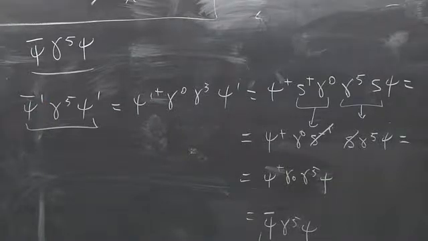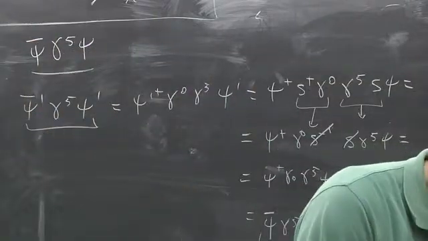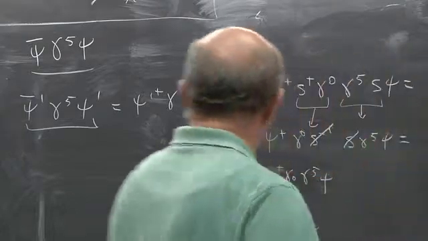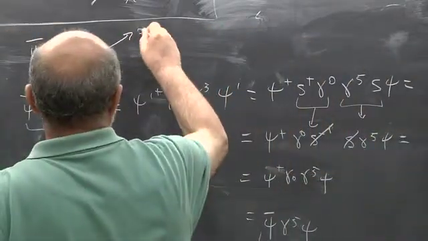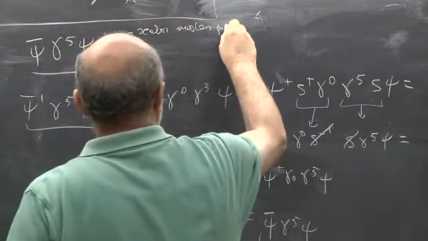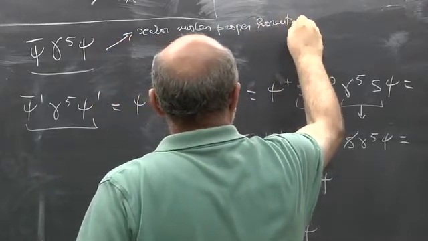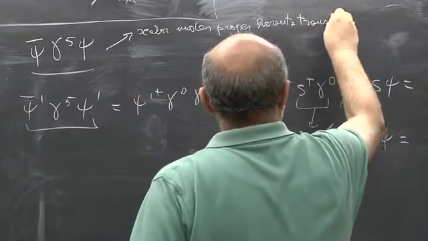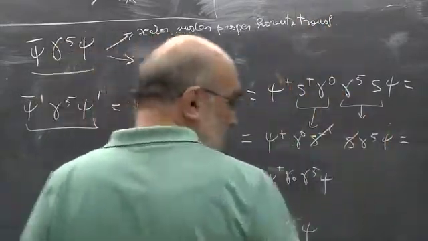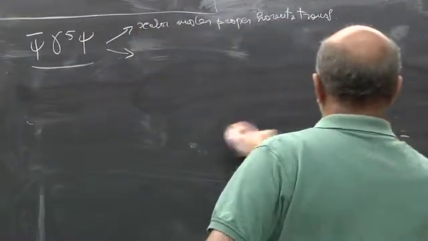But now let's see what happens when instead of doing a proper Lorentz transformation, I do a space inversion. So this is a scalar under proper Lorentz transformation. Let's now do a transformation of this quantity under a space inversion.